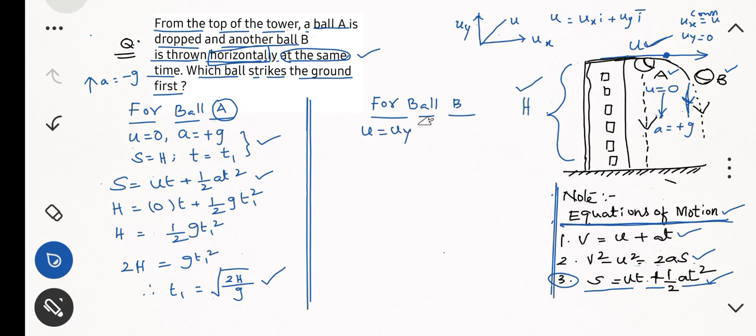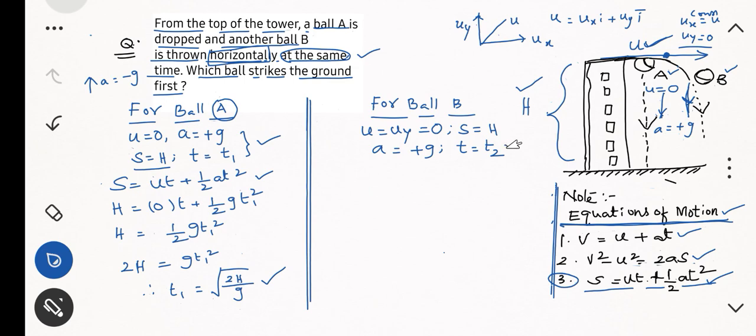So u is equal to uy, which is equal to 0, and the displacement s is equal to h as we have taken in the previous case, and finally a is equal to plus g. The time taken for the ball to reach the ground is t is equal to t2.